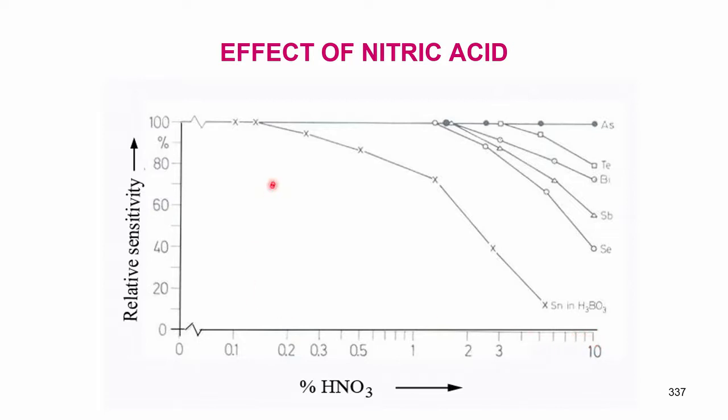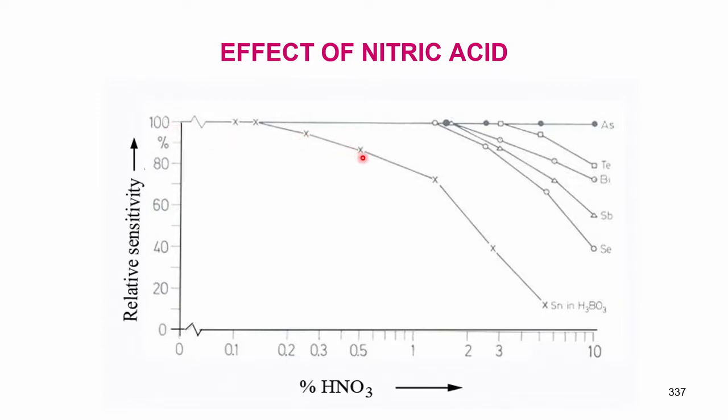If I have 0.1% nitric acid, the signal is almost 100%. That means acid does not have much effect on the signal. Now, suppose I increase it to 0.3, where do I end up? About 92 to 93%.